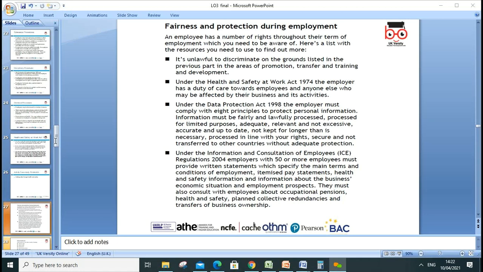We can't really move our call center or our payroll department without the permission of the ICO. It's called the Information Commissioner's Office in the UK. We can't move things outside the EU without permission from the ICO, the Information Commissioner's Office. Any question, anyone?